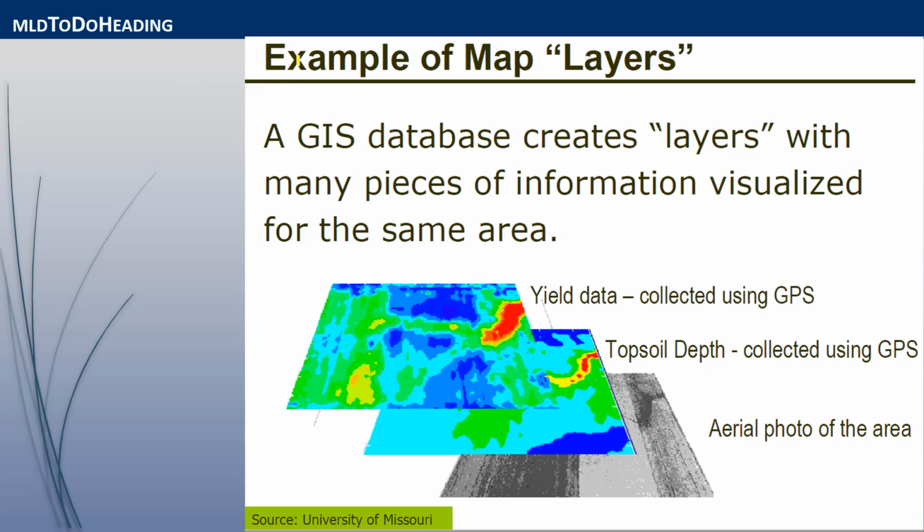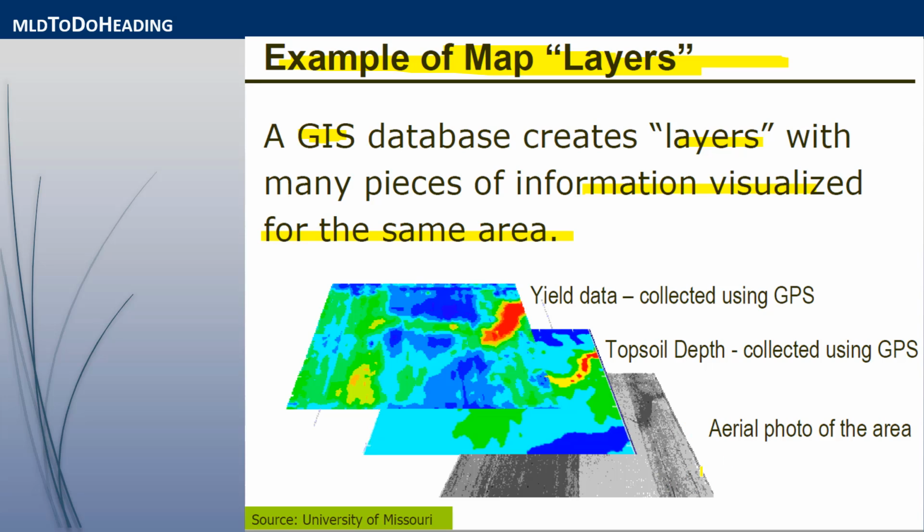And what is the concept of map layers? GIS, as we discussed earlier, is software whose database creates layers with many pieces of information for the same area. It takes the geospatial image and processes it in the form of these layers.